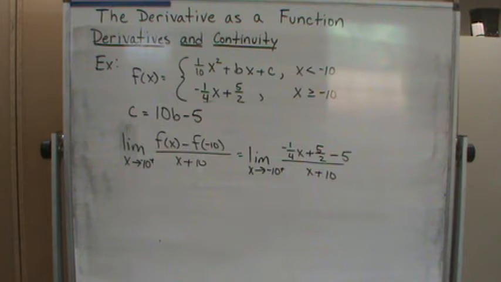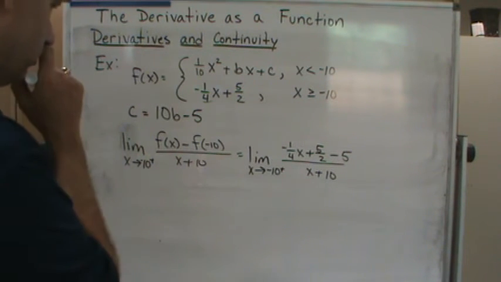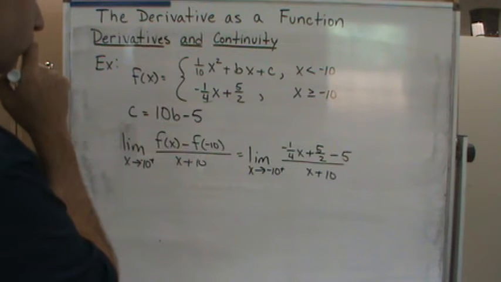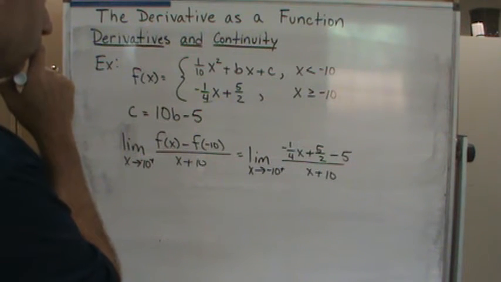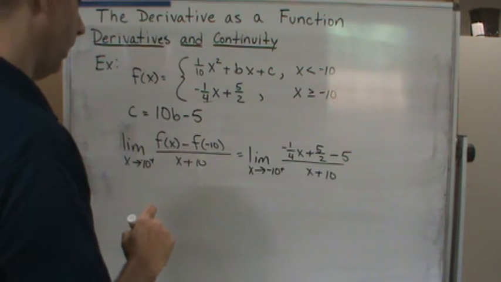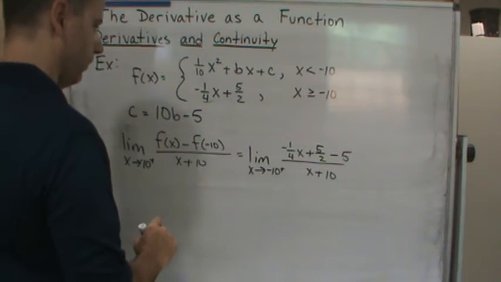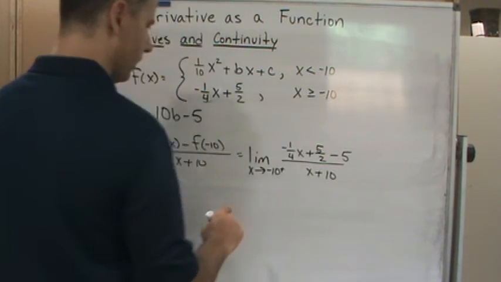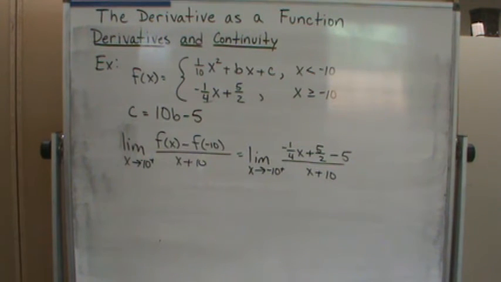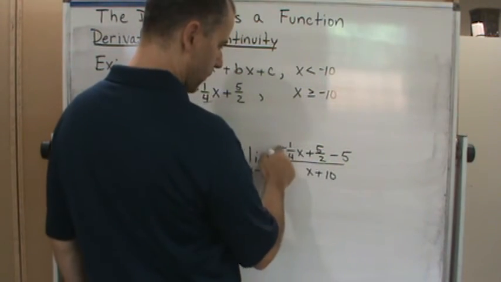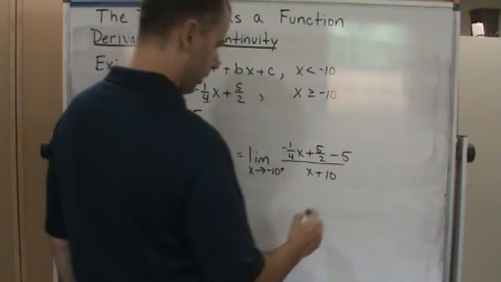Now it's time to factor. Because we have fractions here, let's multiply the top and the bottom by 4 to get rid of all of them.